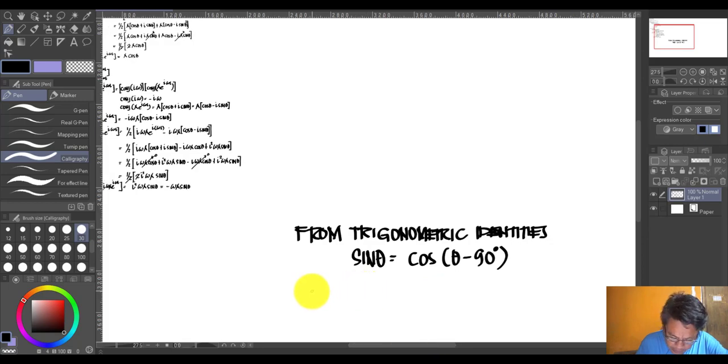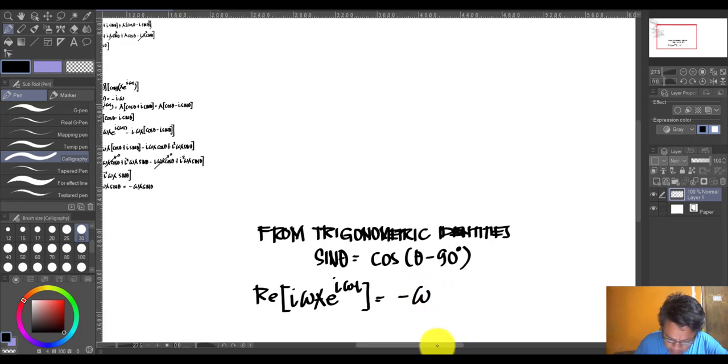So that will be i ω e raised to i ω t. I can rewrite here, that will be negative ω times your A, then the value of my sine theta, so that will be cosine of theta minus 90 degrees.